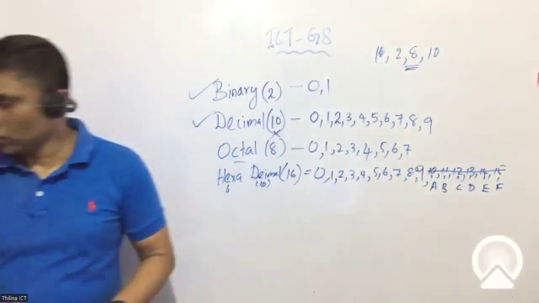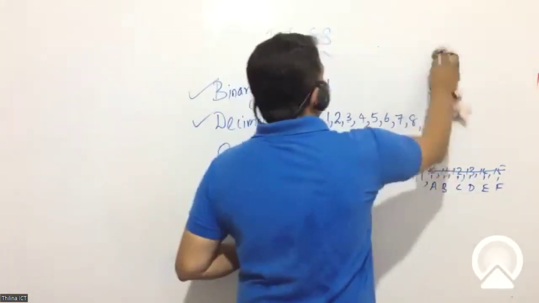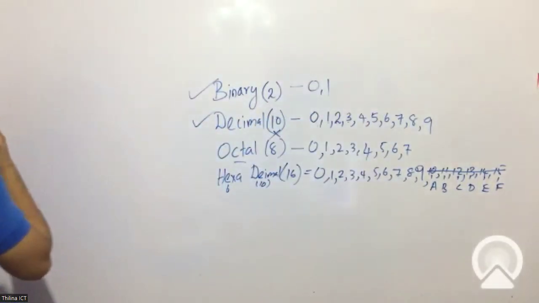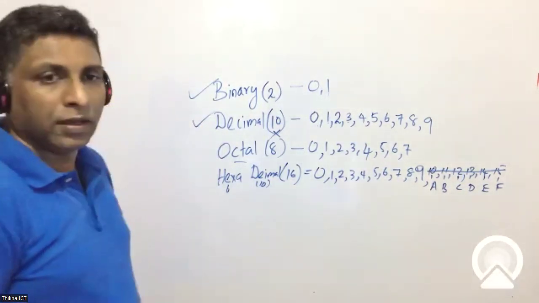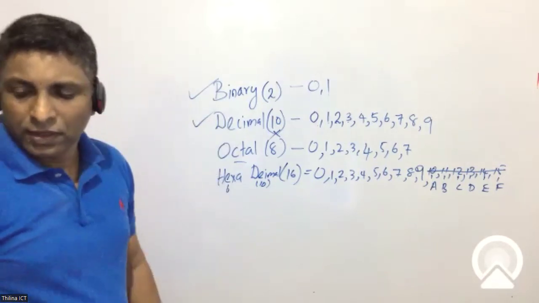So that kind of question. Don't worry about these things, we'll discuss the papers later. So these are the symbols, the base, and usually the definition of a number system.